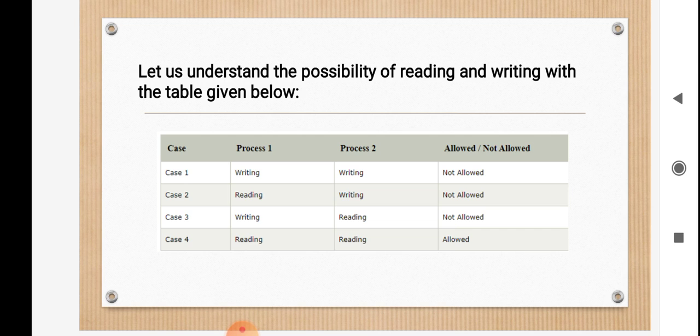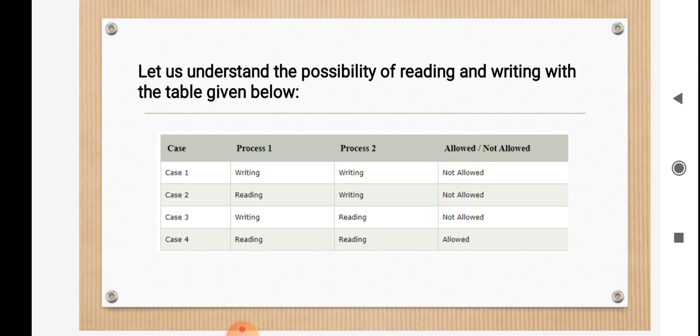Clear? When process 1 wants to write something on the shared file, and at the same time process 2 wants to read the content of the file, then permission is also not going to be granted.